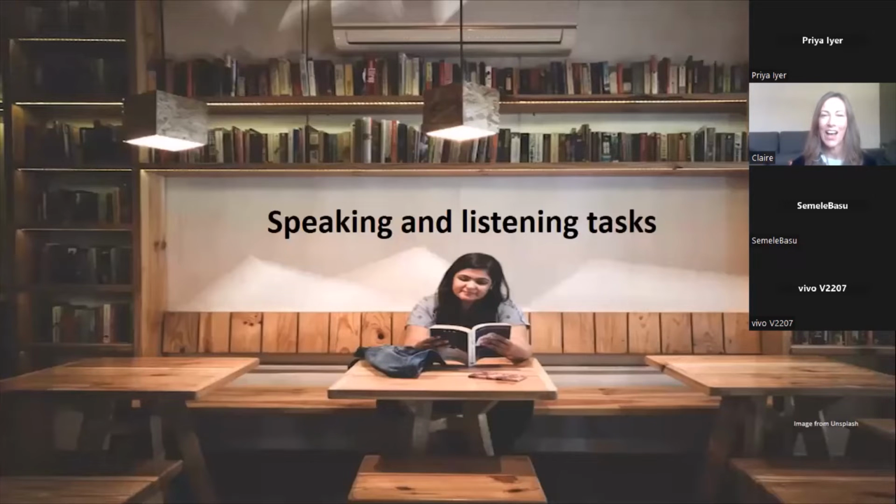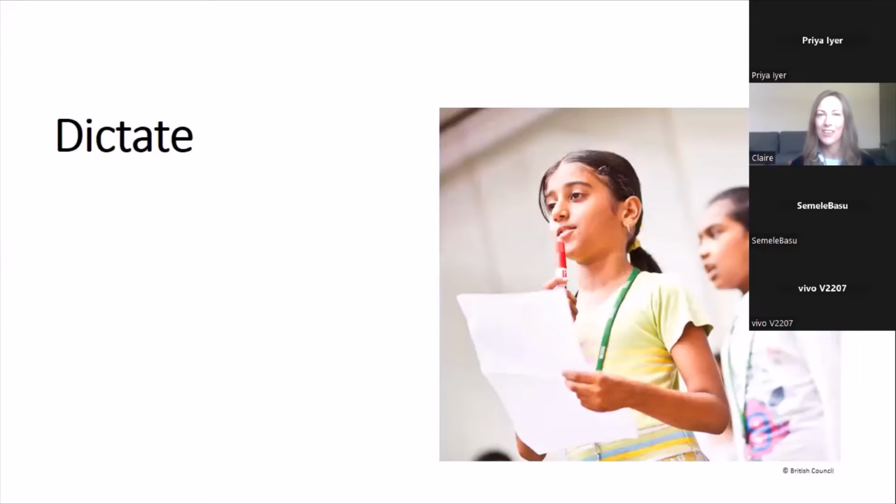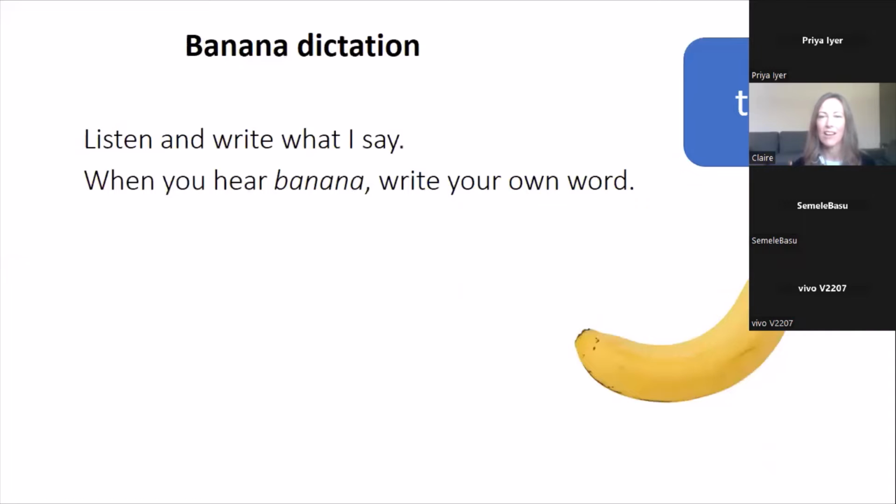So I've grouped these activities, and the first 2 involve dictation. Now you might be thinking dictation is all about writing, isn't it? Well, I think it's about listening and speaking too. So if you've got your pen and pencil with you, now is the time to pick it up. I would like you to listen carefully and write exactly what I say.